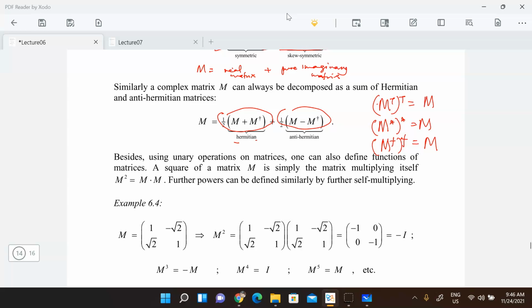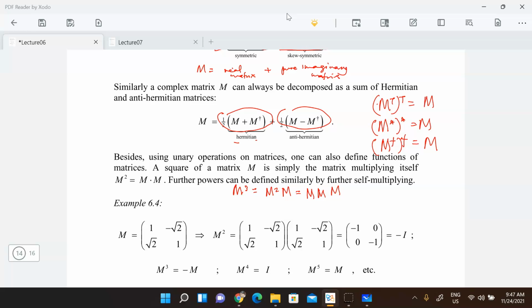And with respect to this, you can also start thinking of powers of M. So a power of M, say cube, is going to be M squared times M, or just M times M times M.